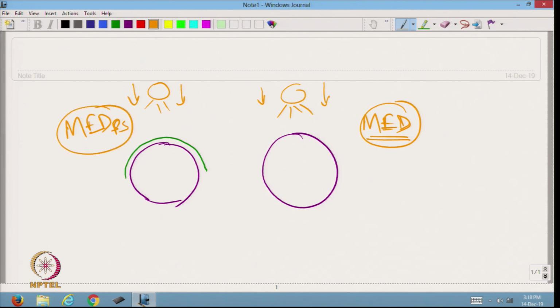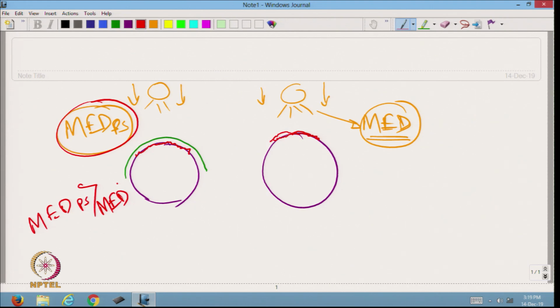Now, with a certain mean effective dose, there will be a sunburn after a certain time. But here if we want to have similar sunburn after protection, we need to increase the mean effective dose. So, the mean effective dose here is more than the dose without surface, the unprotected surface.